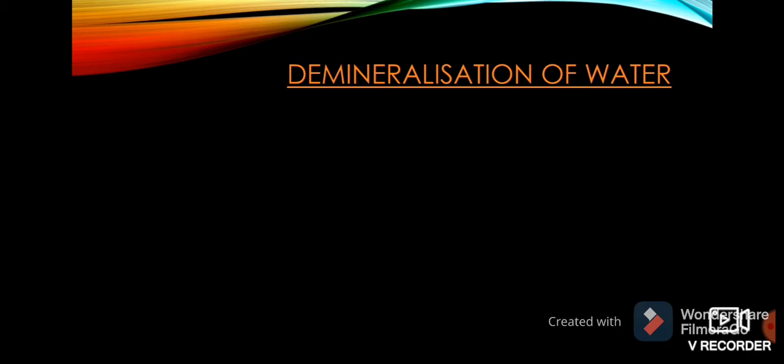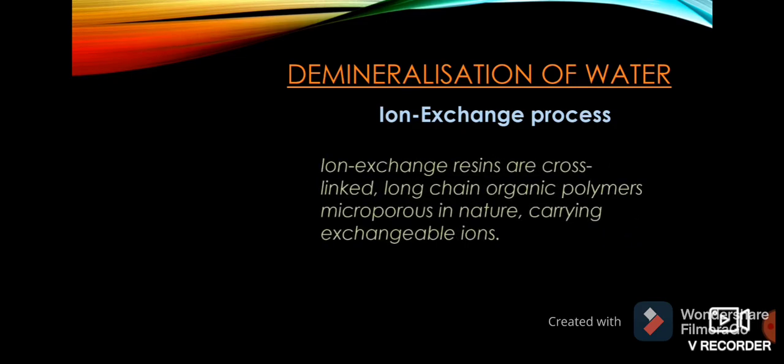Now let's take a look at demineralization of water. Demineralization is nothing but the removal of all ionic impurities present in water. Here we are using a method called ion exchange process by making use of ion exchange resins.